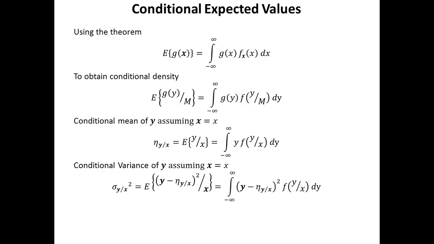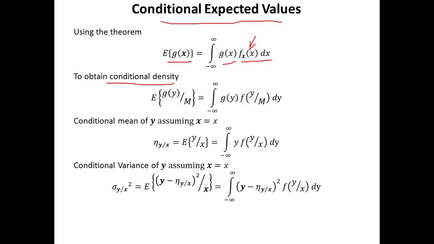Next, we move to conditional expected value. By using this theorem, the expectation of g(x), any function of a random variable x, is the integration of g(x) f(x) dx, where f(x) is the PDF of random variable x. This formula is used to obtain the conditional expectation.